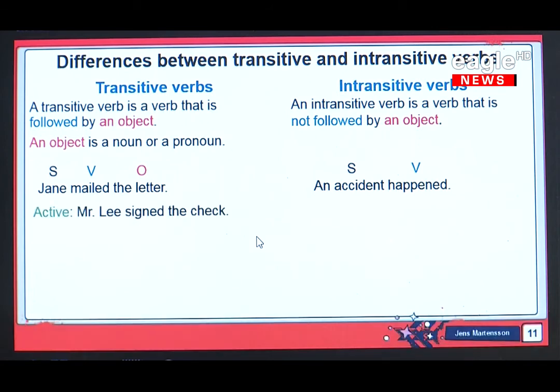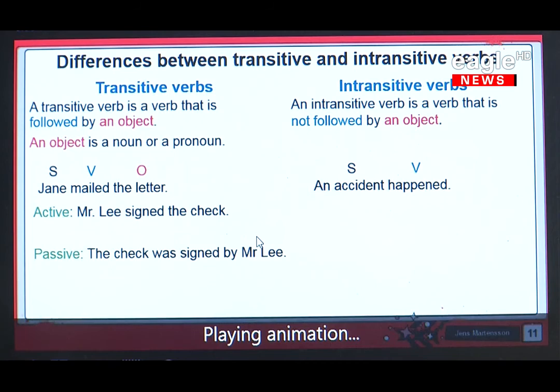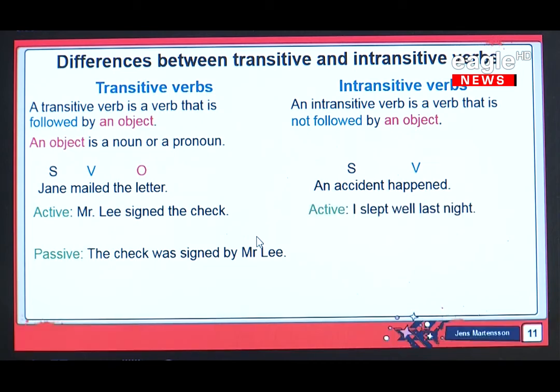Now let's see active and passive voice. Active: Mr. Lee signed the check. In the passive voice: the check was signed by Mr. Lee. Next example. In active voice: I slept well last night.